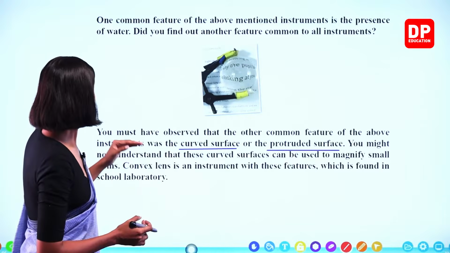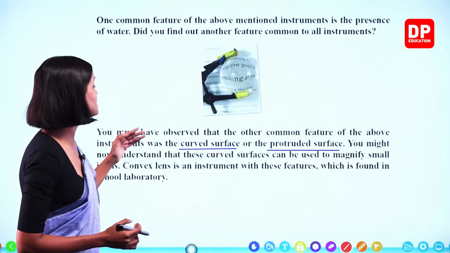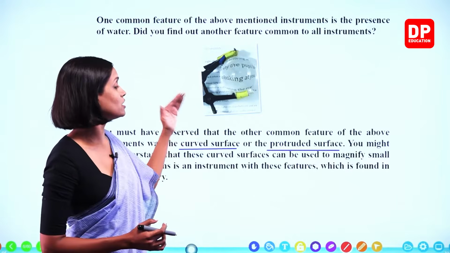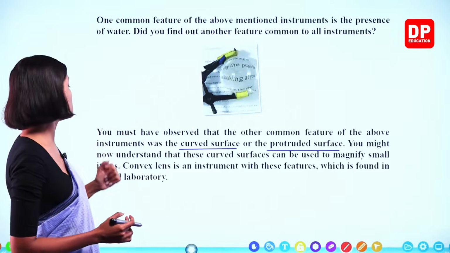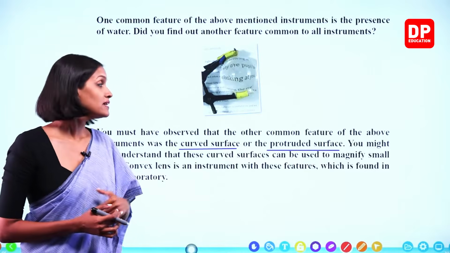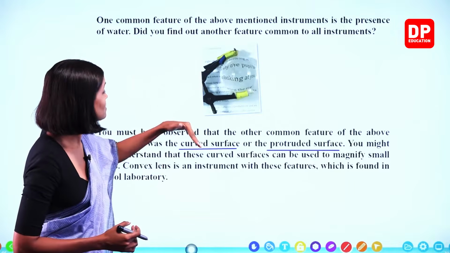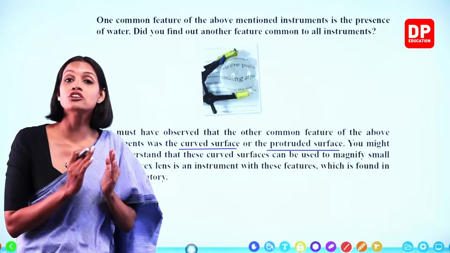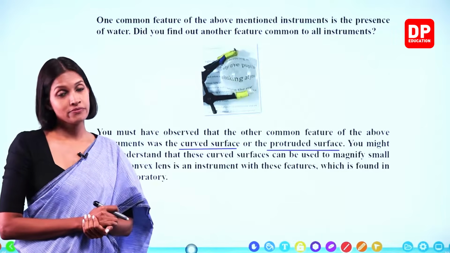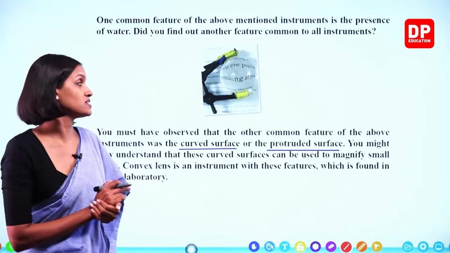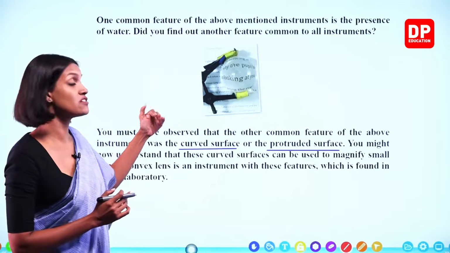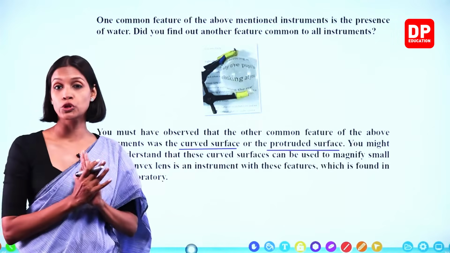You might now understand that these curved surfaces can be used to magnify small items. These surfaces curved outwards are known as convex surfaces. Convex surfaces are the surfaces that are curved outwards.